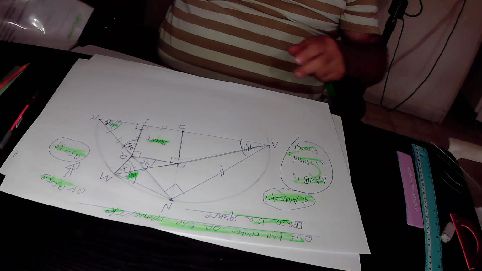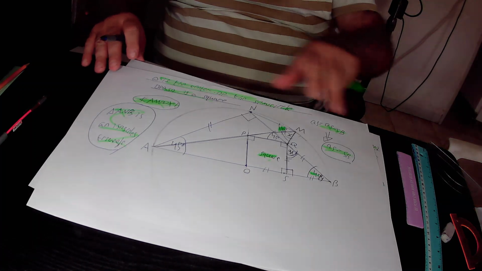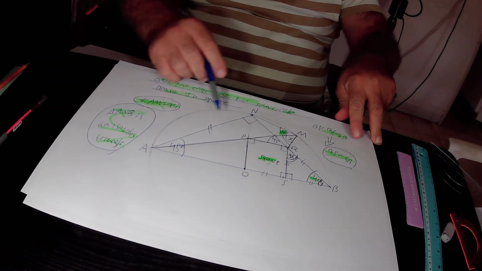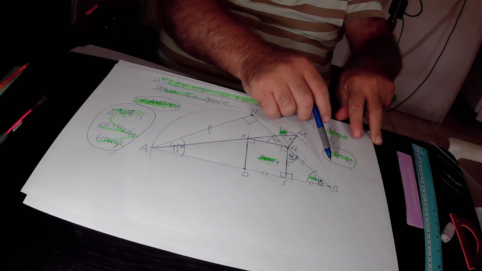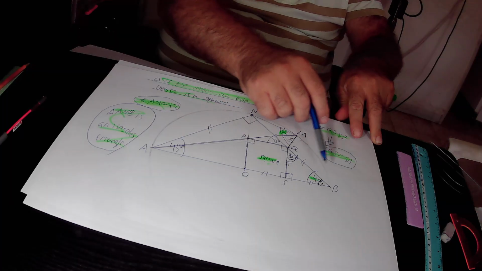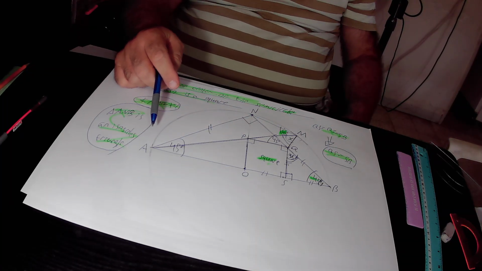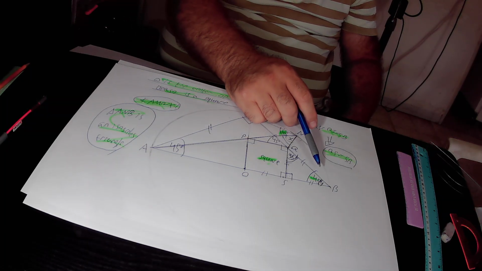Why? Because in our drawing, we have the isosceles triangle, triangle ANB. Triangle ANB is an isosceles triangle because side AN equals side NB. AB is the base of the isosceles triangle ANB, but AB is also the diameter of the semicircle.